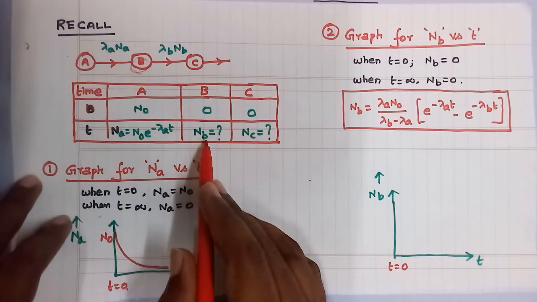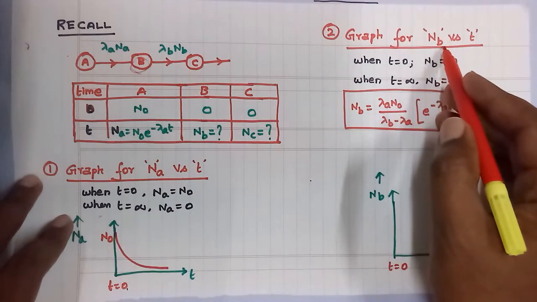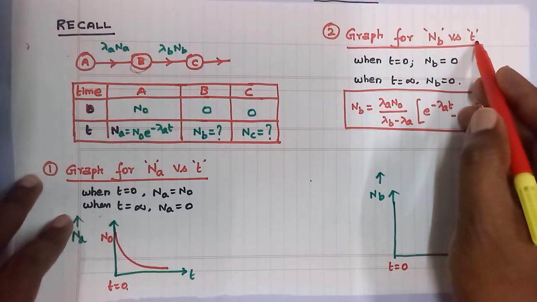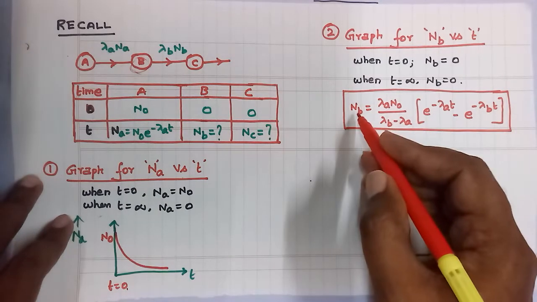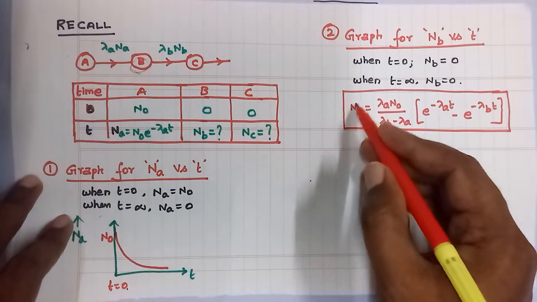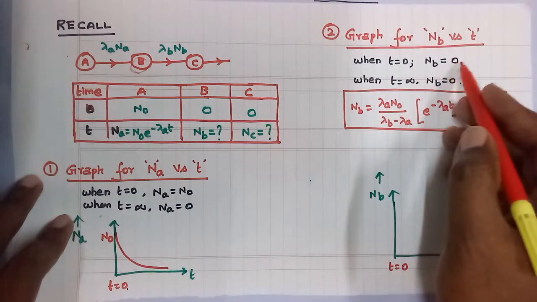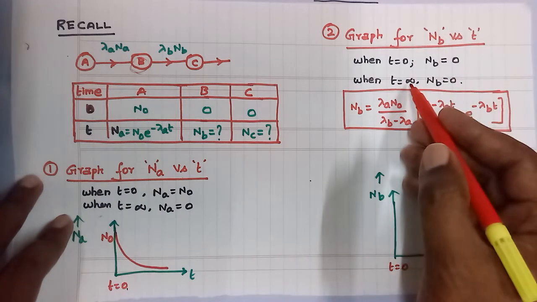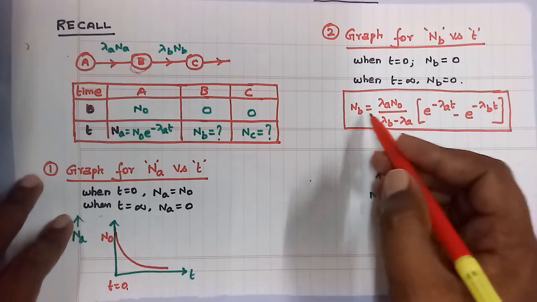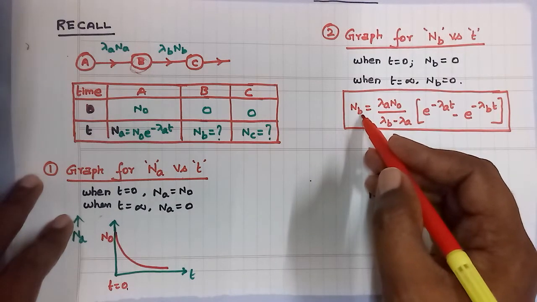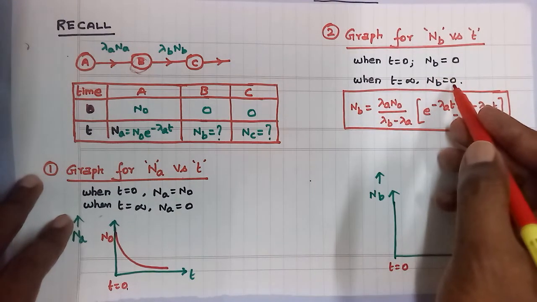Likewise, for the graph of the number of nuclei in element B versus time t, at t equal to 0, when you substitute in this relation, the number of nuclei in B comes out to be 0, and when you substitute infinity in this relation, here also the number of nuclei in element B comes out to be 0.